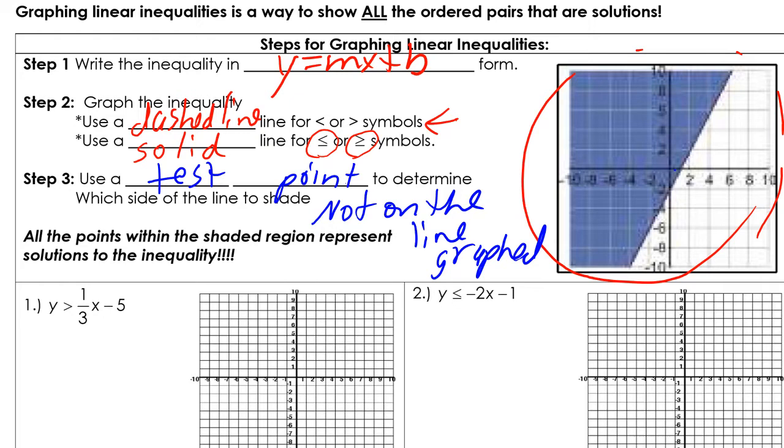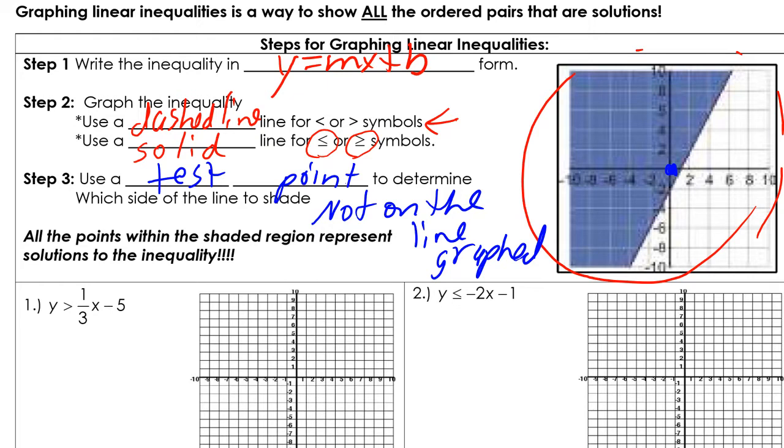For example, 0, 0 is in the shaded area here. So if we put 0, 0 into the inequality for this line, we would get a yes, and then we would color on the side of the line that has 0, 0. 0, 0 is the easiest point to use, but it only works if it's not on the line that we graphed.